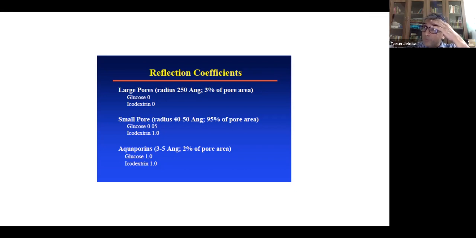Now, remember sodium sieving? So sodium sieving occurs only with glucose solutions and not with icodextrin solutions. And we will see why. But you have to remember, aquaporins are not activated by icodextrin, and that is why there is no sodium sieving with icodextrin. Let's get a little more complicated here, but I would appreciate your attention.